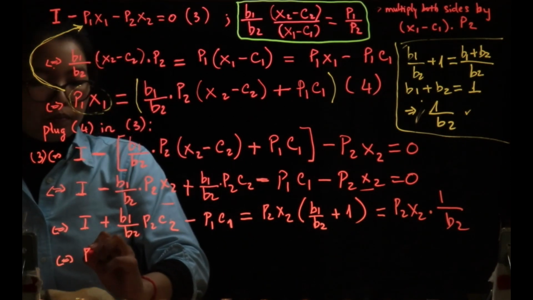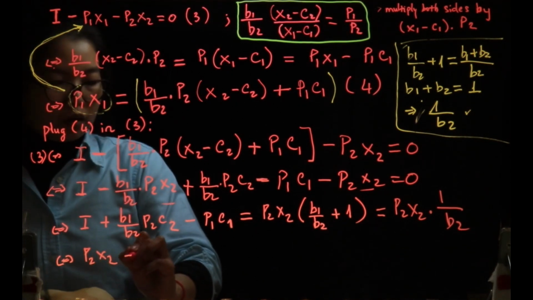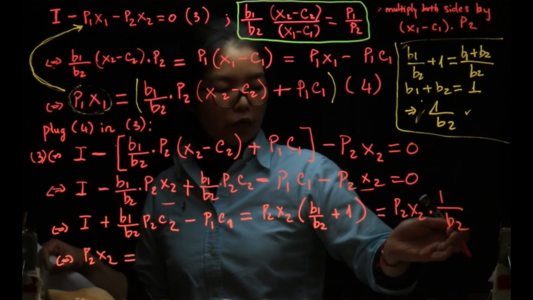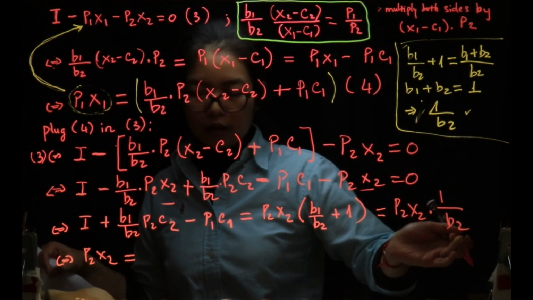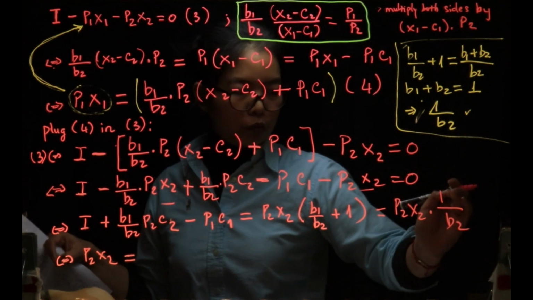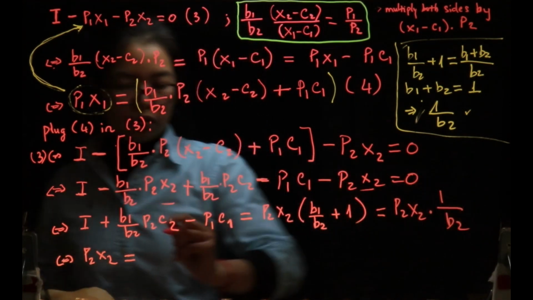Finally, we could solve for p2 x2. So p2 times x2 will equal, because now we have b2 in the denominator, so we would have to multiply both sides by b2, right?